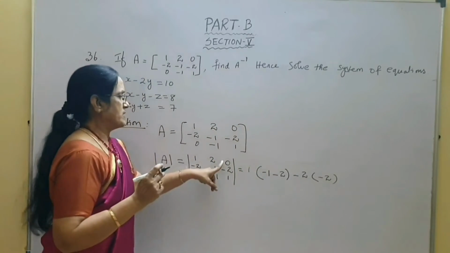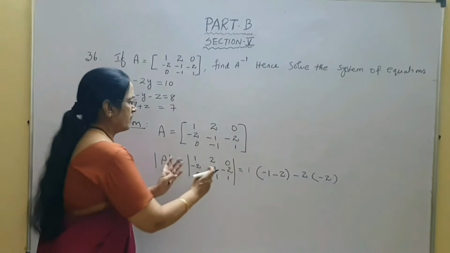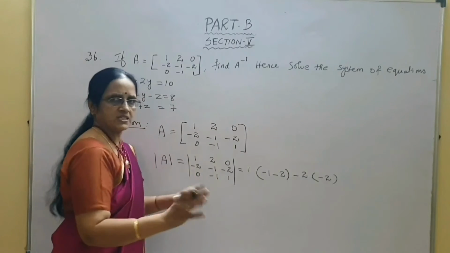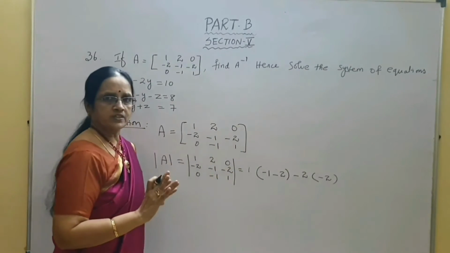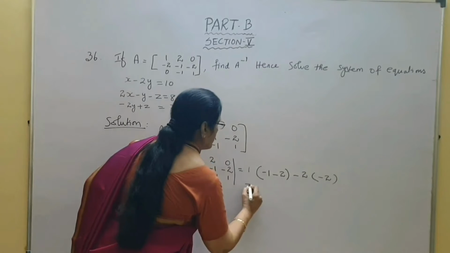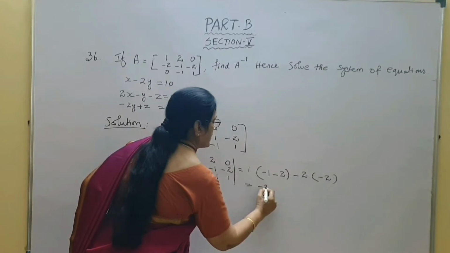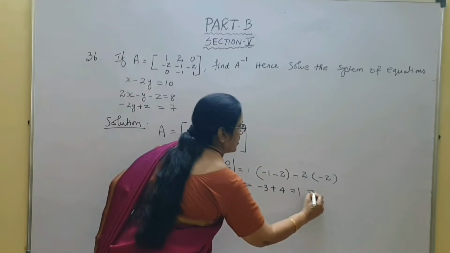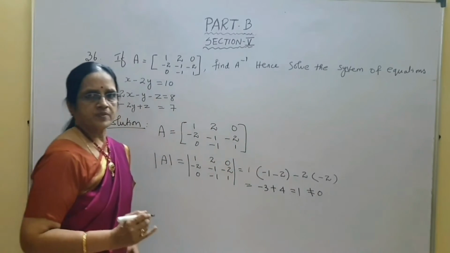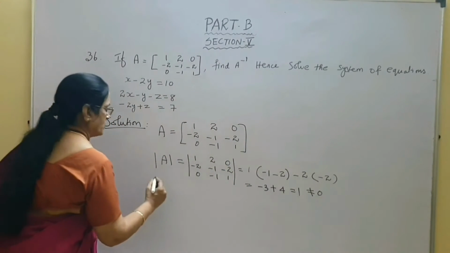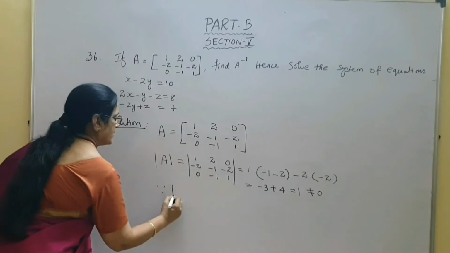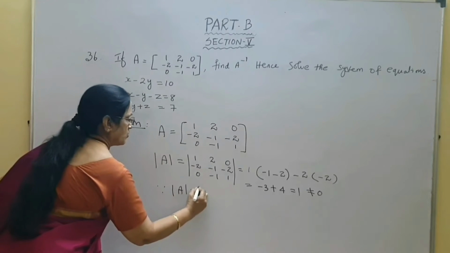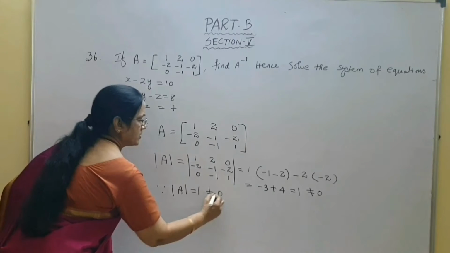Then the last one, 0 into value of this determinant is going to be anyway 0. So I am not going to write it. When I simplify, I will be getting minus 3 plus 4, which is equal to 1 and not equal to 0.